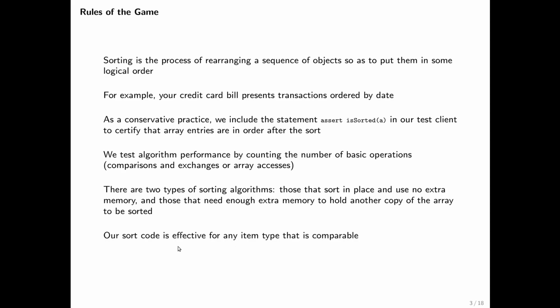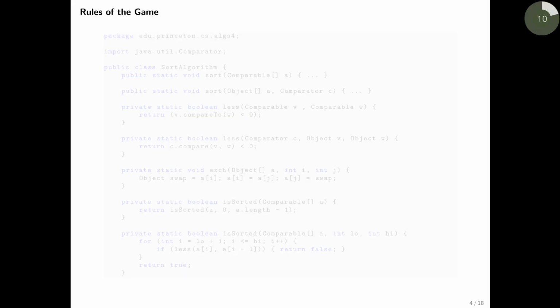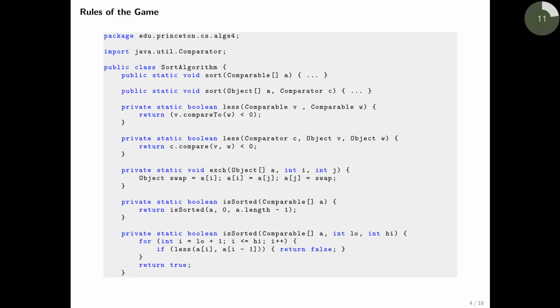Our code for the different sorting algorithms is going to be effective for any item type that is comparable. What that means is we're going to write fairly general sorting algorithms that are going to be able to sort a collection of any comparable type. So let's take a look at a template program, and our implementation of every sorting algorithm is going to have this structure.